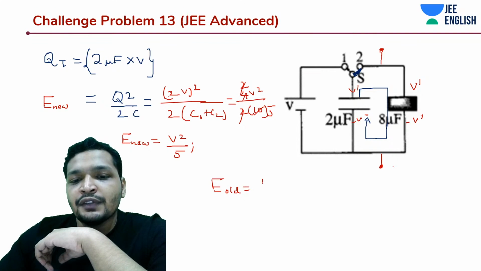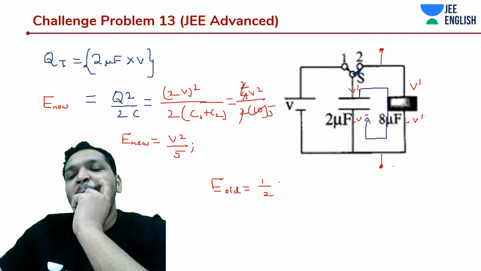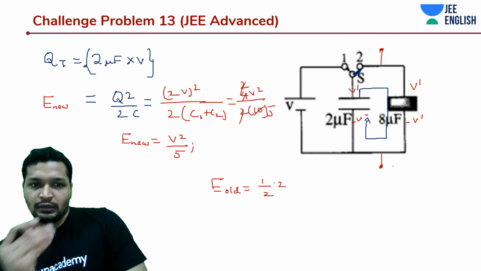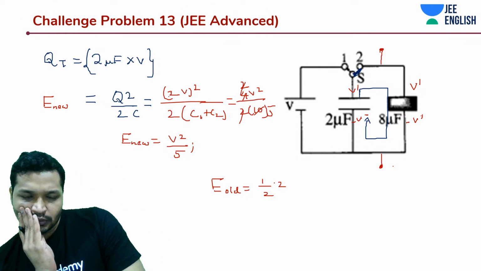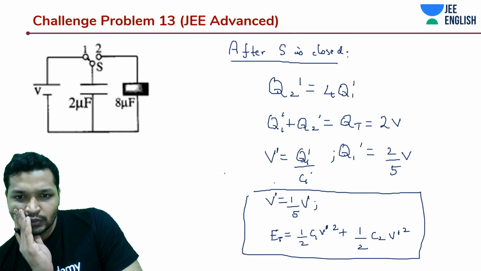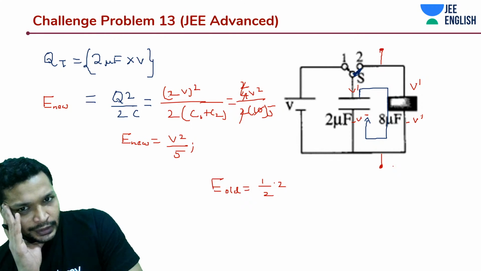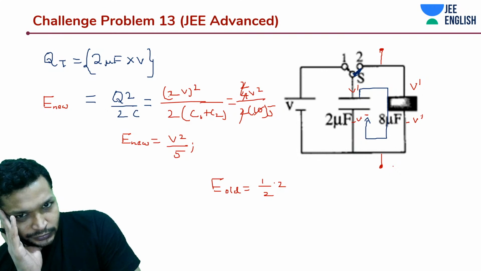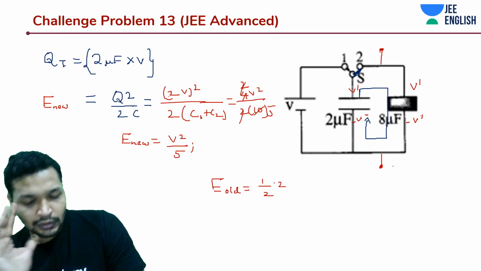And what about your E old? That was just half CV square. This way we are not getting the answer, right? Just a moment. So we should be getting 2 minus 2 by 5. We are not getting 2 by 5. We are just getting only 1 by 5. Half CV square.